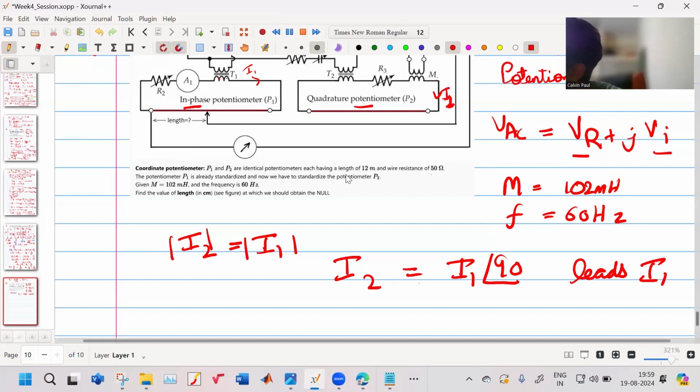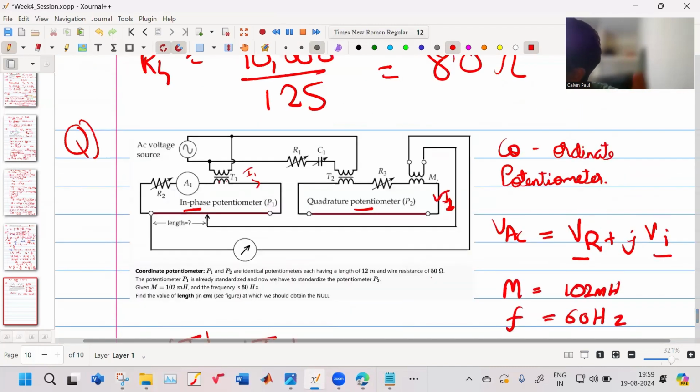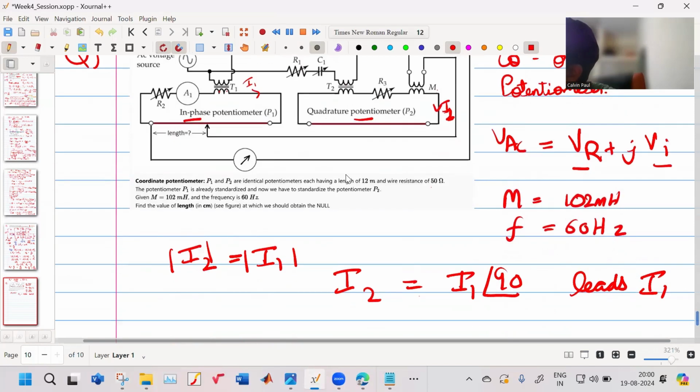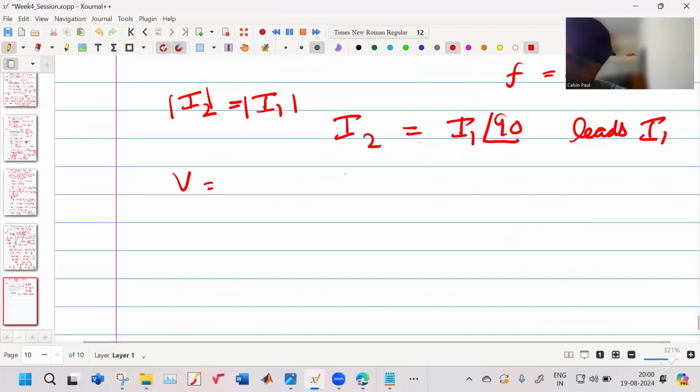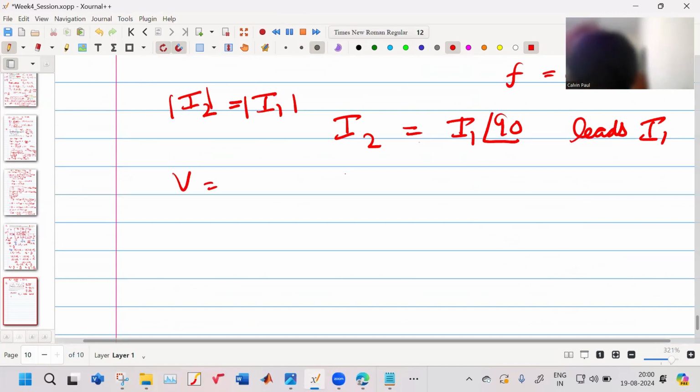So now when this I2 flows, it will also result in some voltage over here because it is coupled by an air core transformer. These are not magnetically coupled with an iron core; this is an air core transformer. Now the voltage which will come over here is equal to j omega M into I2.